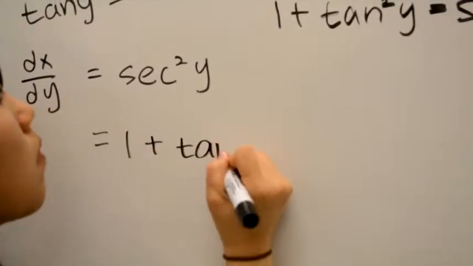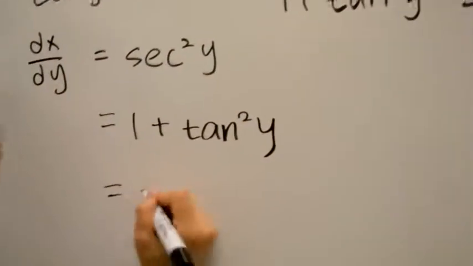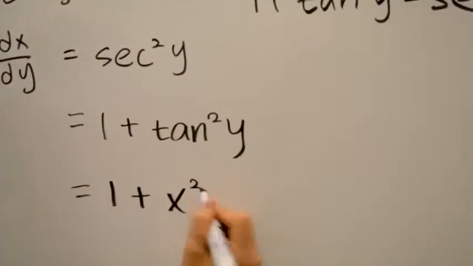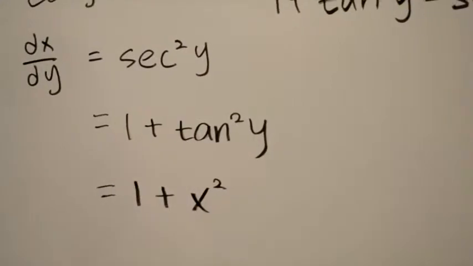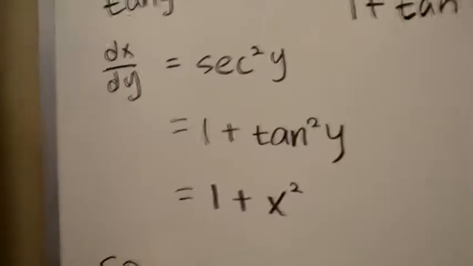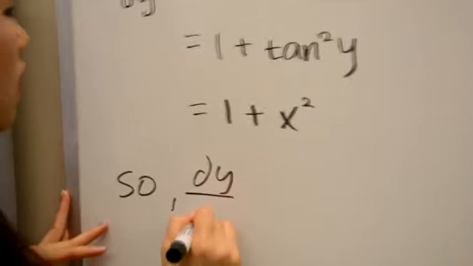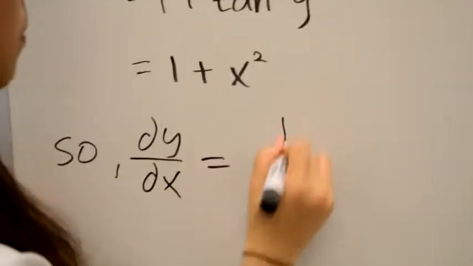And since it is given that tangent y is x, in this case, it would be 1 plus x squared. And then we're going to flip dx dy to dy dx, which is going to give us 1 over 1 plus x squared.